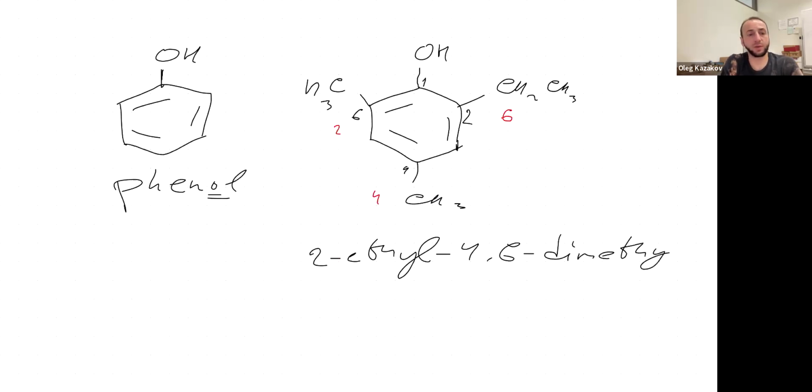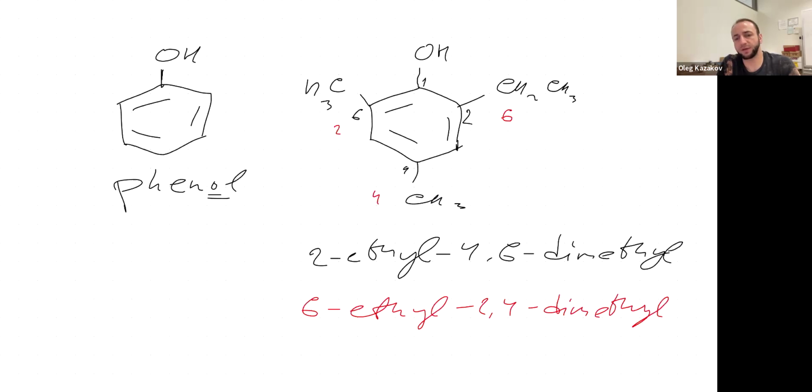Okay, so the red sequence will be looking like this. Let's put it on the whiteboard as well: 6-ethyl, and then 2,4-dimethyl. So let's take a look.